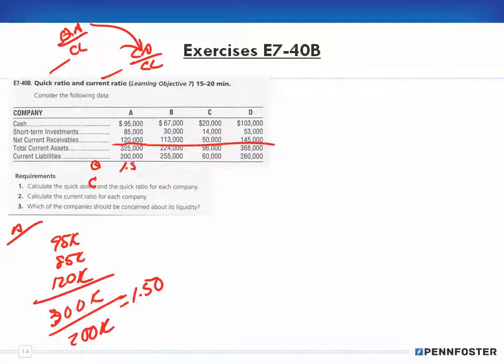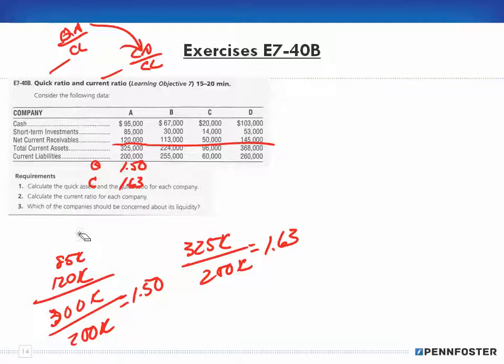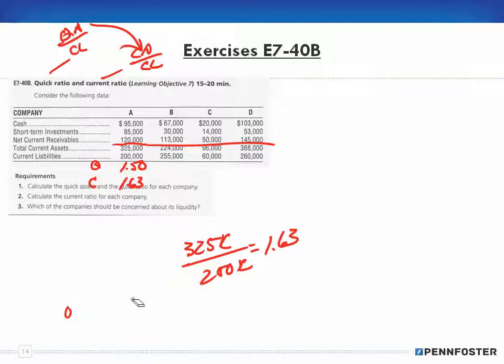That gives us a quick ratio of 1.5. And if we take our total current assets of 325 and divide that by 200,000 of current liabilities, that gives us 1.63. So that's A. B is the same.